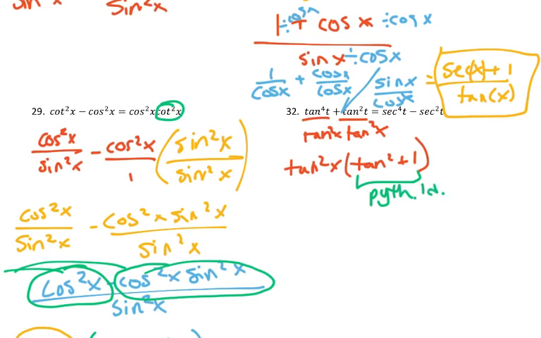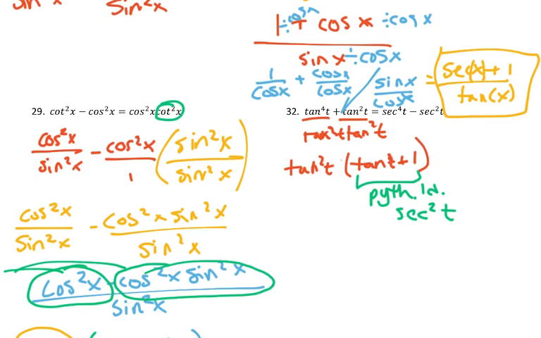Our Pythagorean identity is the fact that that is actually secant squared t. Oh, these are t's, not x's. It's weird to have tangent with a t. Okay.